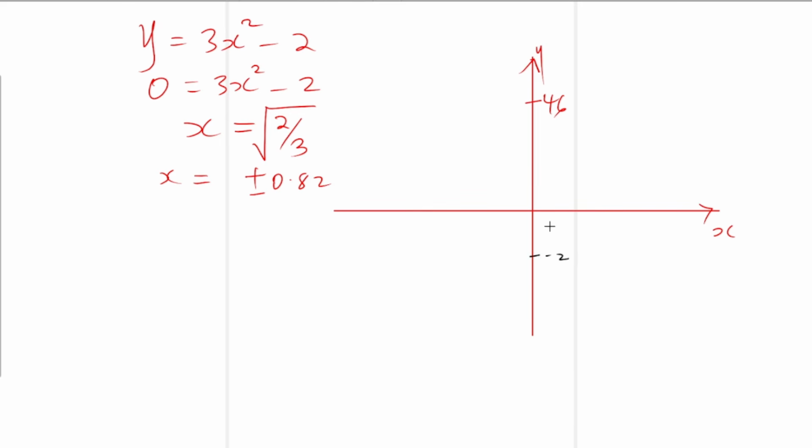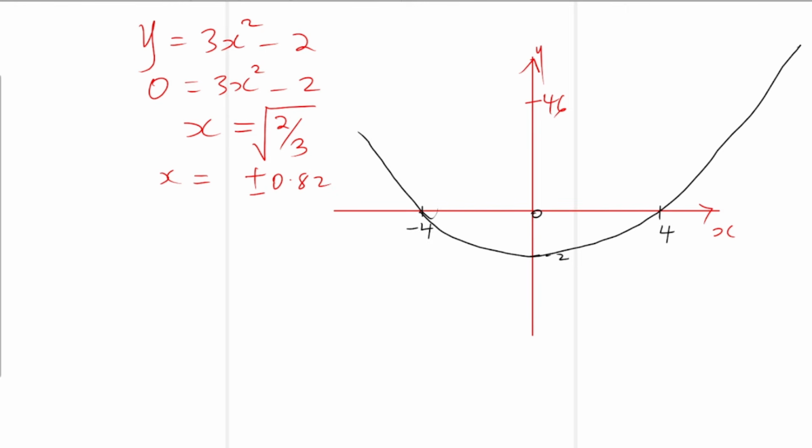So -2 is here, 0 is there, and then I have -4 to 4. If I sketch this one, you notice it looks something like that.